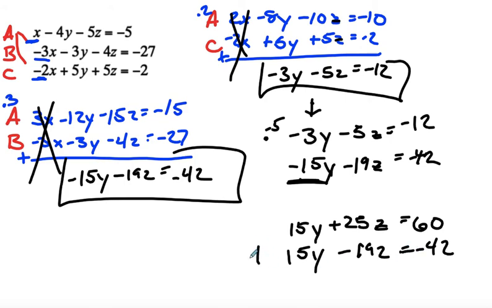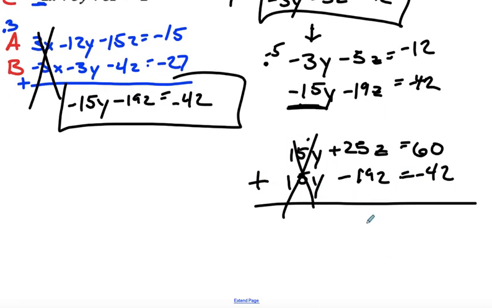And then I'm ready to add. So when I do, my y's cancel. I'm left with 6 z's and 18, which means that z must be 3.